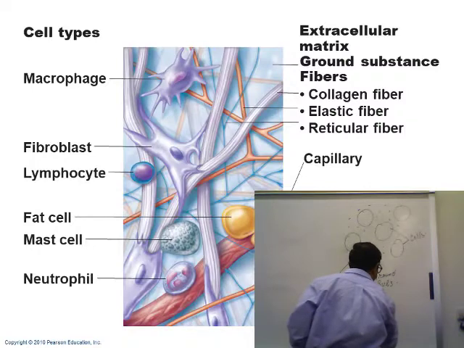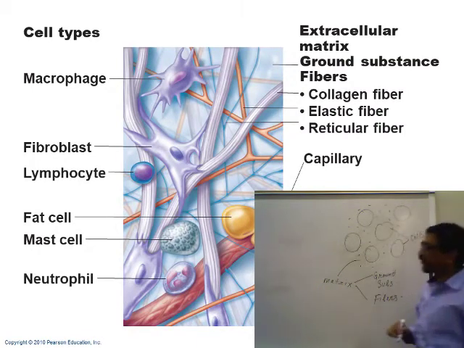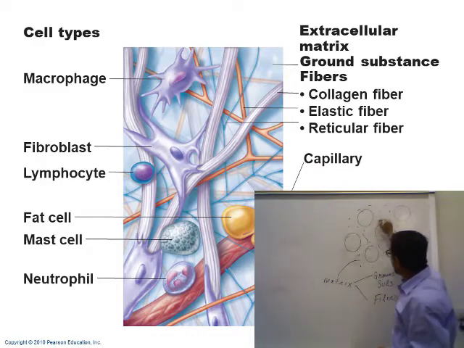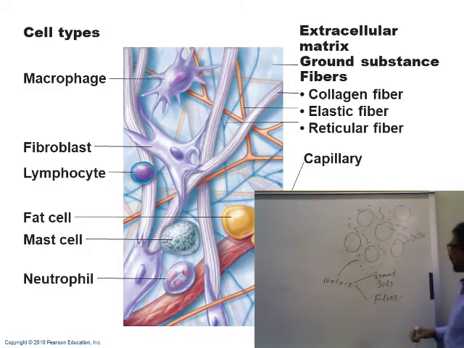In between the cells you have the matrix. The matrix consists of ground substances, the chemicals, and fibers. Okay, so that's the connective tissue.